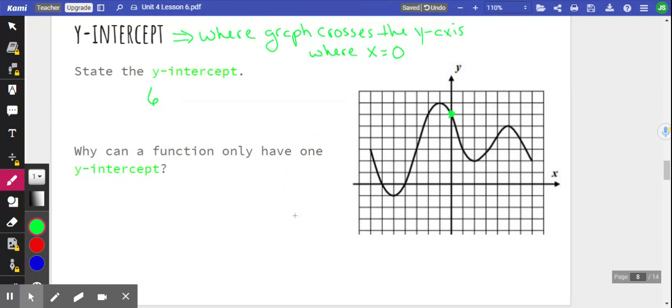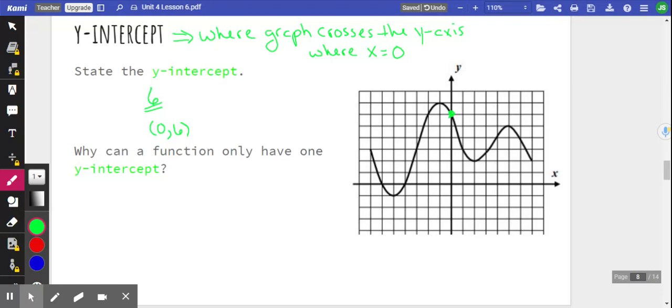A lot of times when we're dealing with y-intercept, we just want to know what the y value is. If we were to write that as a point, it would be the coordinates 0, 6, where x is 0 and the y is 6. So it depends on how they ask the question. Usually this is sufficient. What's the y-intercept? 6. If they ask for the coordinates, then you would write the point.